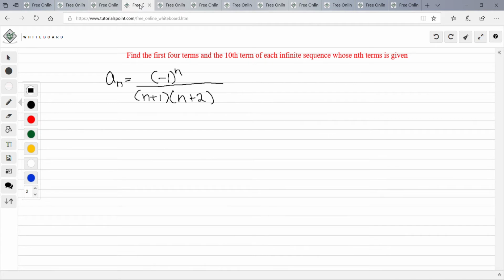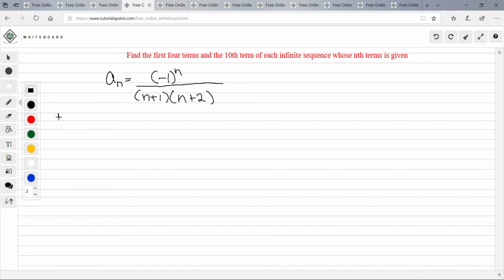Okay, find the first 4 terms and the 10th term of each infinite sequence whose nth term is given. Just like the last one, you just have to plug in 1, 2, 3, 4, and 10.